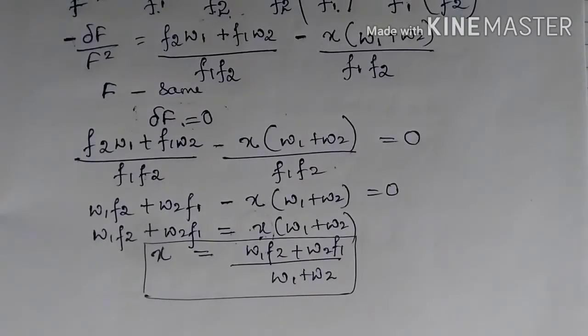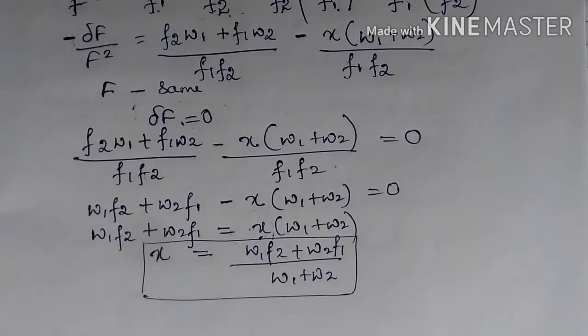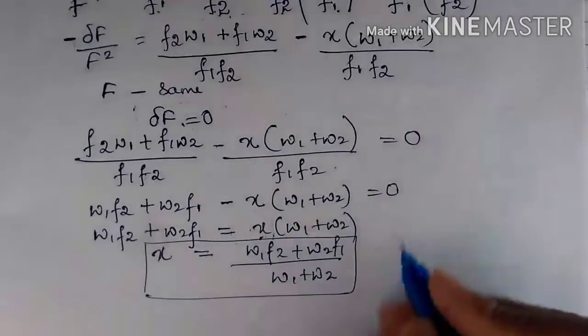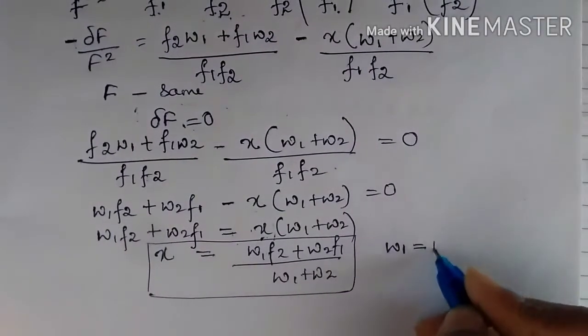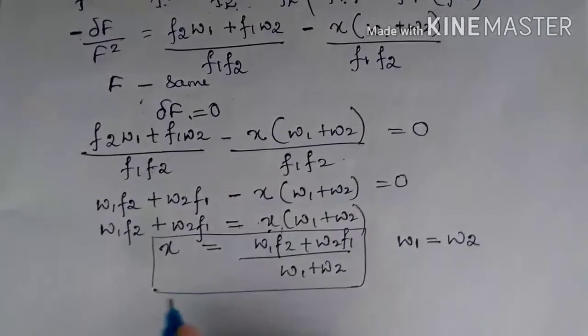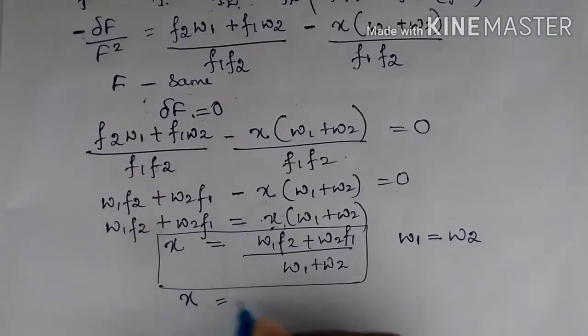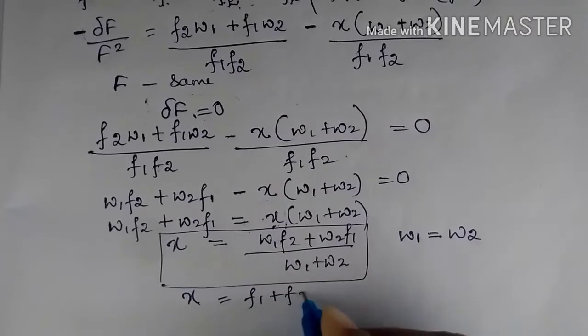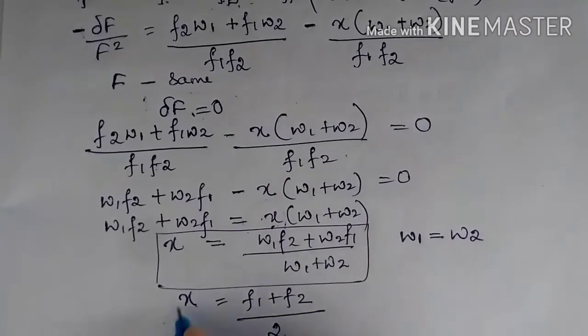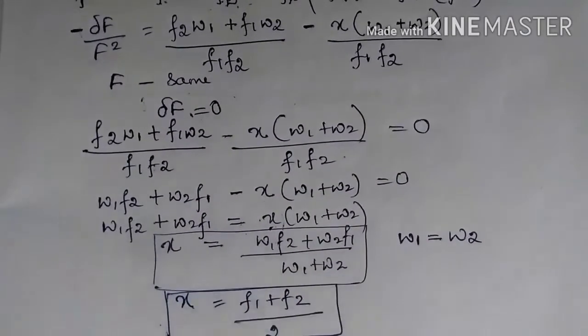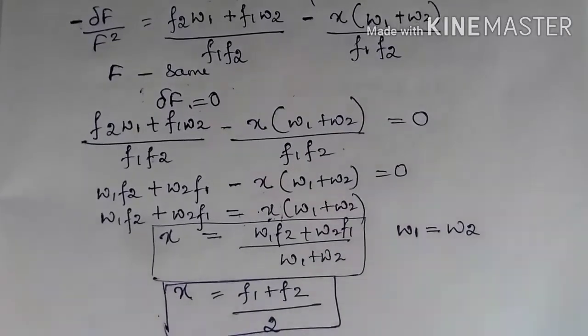Now when the two lenses are of the same material, then omega 1 will be what? Omega 1 will be equal to omega 2. So in that case, x will be f1 plus f2 divided by 2. So when two lenses are made up of the same material, then the dispersive power for that material will be the same.